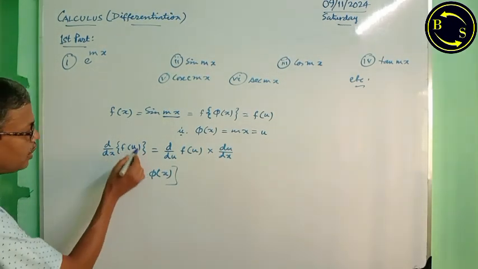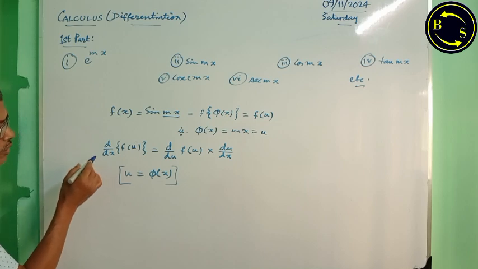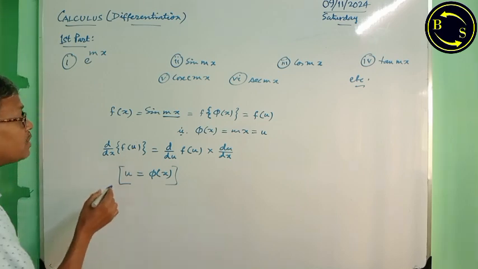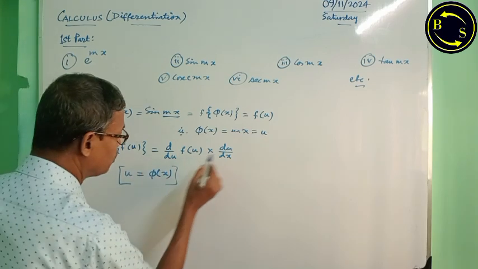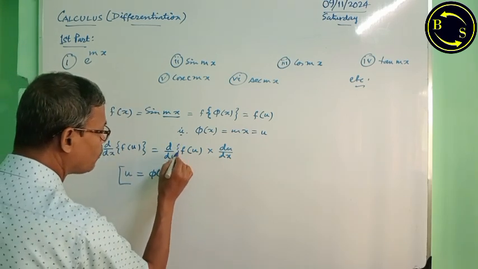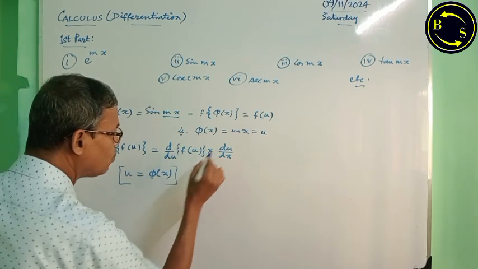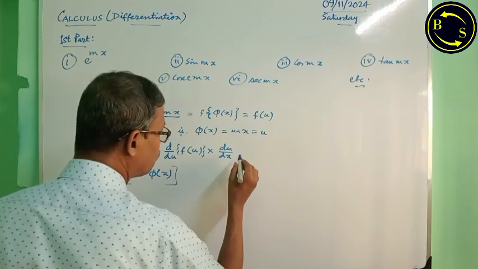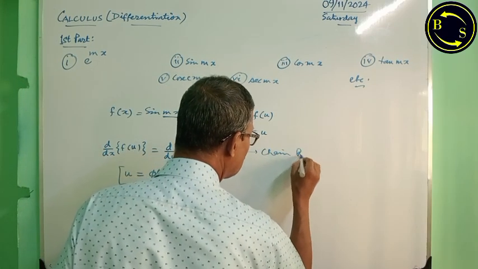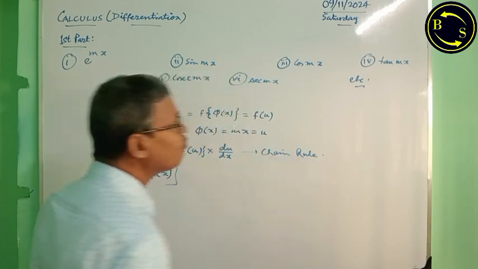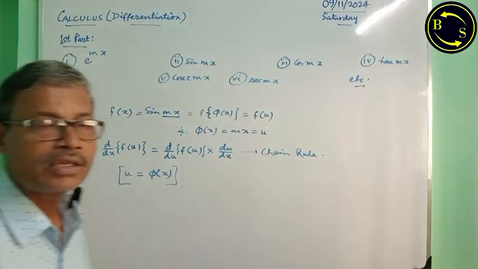Since it is a function of u, we cannot differentiate it with respect to x directly. We use this one, d/du of f(u) into du/dx, and this one is called the chain rule. It will be discussed later in detail.